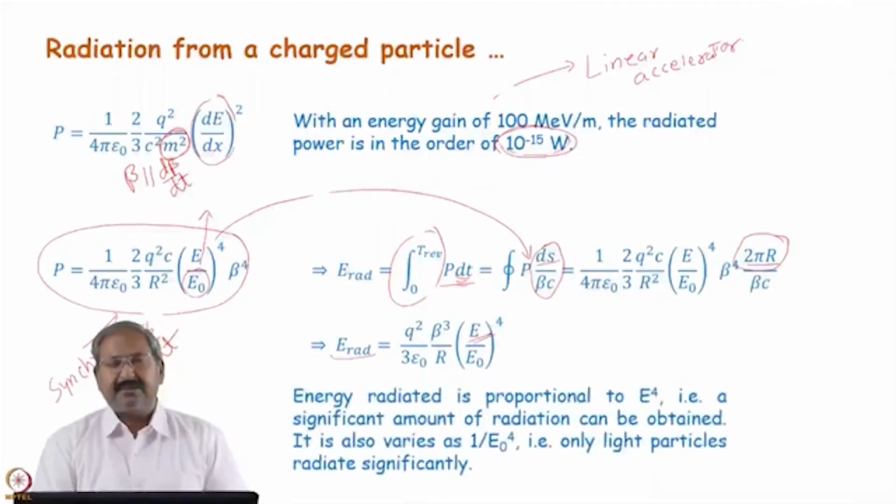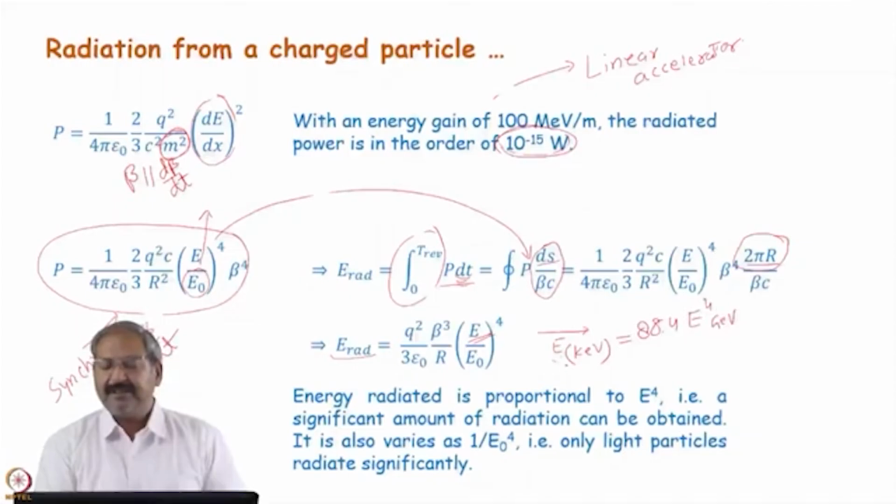In case of electrons, if you put E 0.5 MeV and beta close to 1 and charge on electrons and the value of this permittivity of free space epsilon 0, then you get formula E in keV is equal to 88.4 E raised to power 4 in GeV.